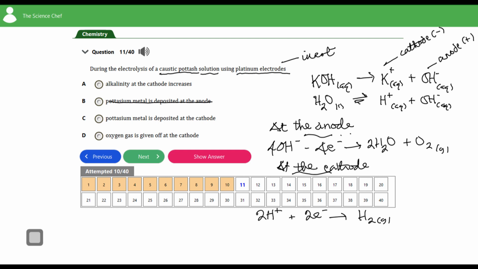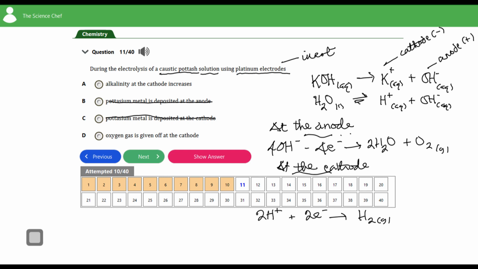But because potassium is higher in the electrochemical series than hydrogen, hydrogen ion is more preferentially discharged than potassium ion. So potassium metal can never be deposited at the cathode in the presence of hydrogen ions. If you want to watch our video on the factors that affect the preferential discharge of ions during electrolysis, check the link in the description.